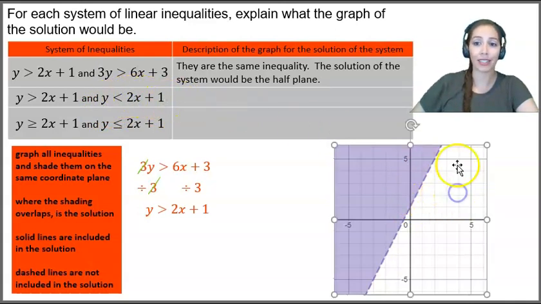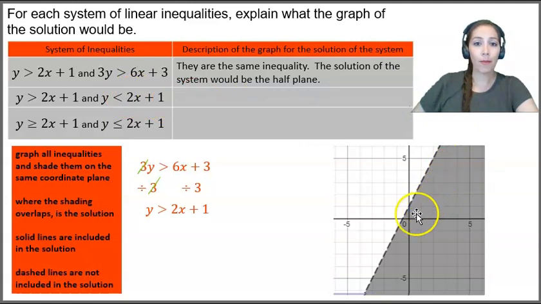So what does that look like? Well, same thing here. We have our y-intercept of 1 and slope of 2, so we went up 2 to the right 1. This one is a less than symbol, so that is why the line is dashed. And y is less than that, so when y is less, we go down or we go below the line.